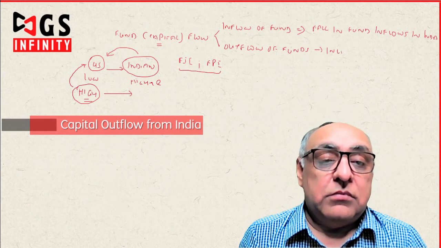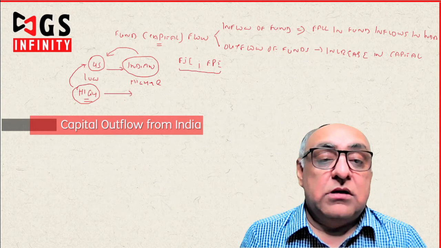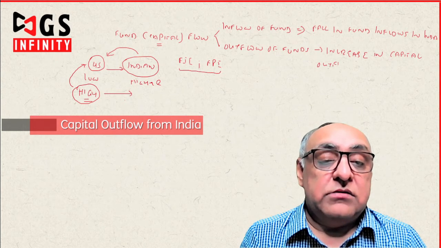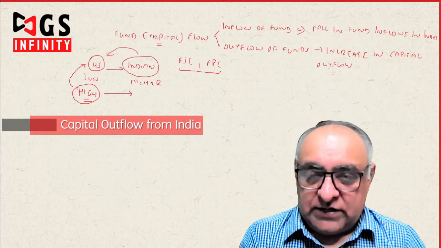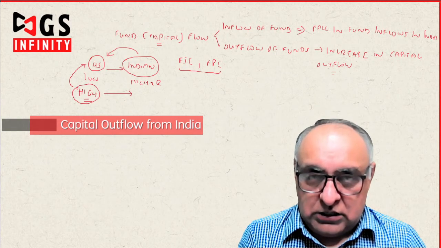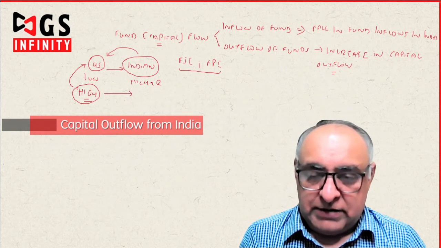It will increase capital outflow from India. So these are the two clear impacts on the Indian economy as far as the increase in the policy rate by the US Federal Bank is concerned.